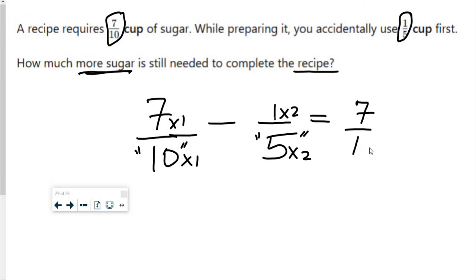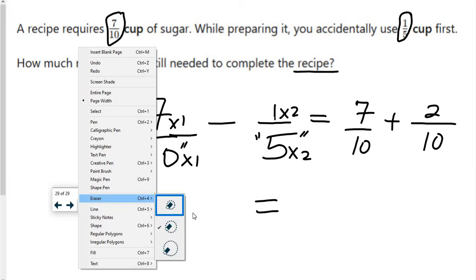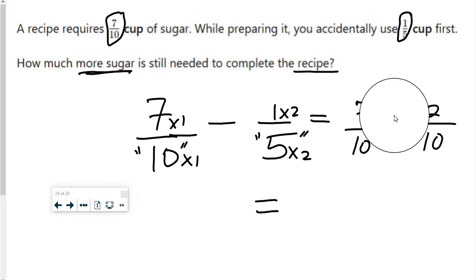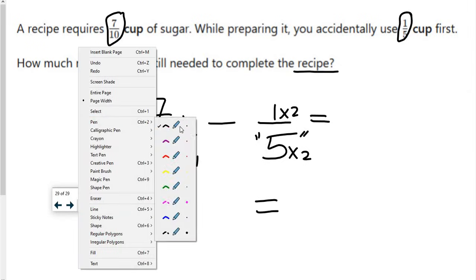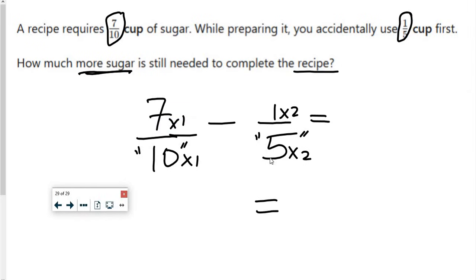This will be 7 upon 10 plus 2 upon 10, and then total will be, oh sorry, we are supposed to subtract. We're supposed to subtract, okay? So this will be 7 upon 10 minus 2 upon 10.